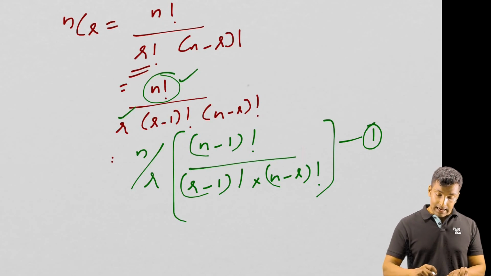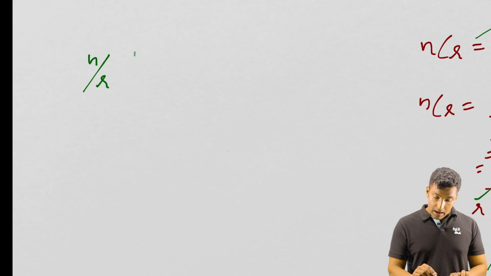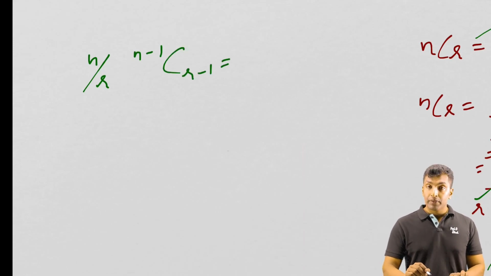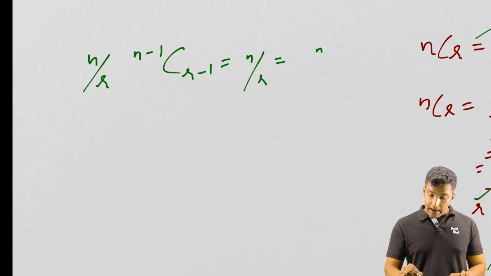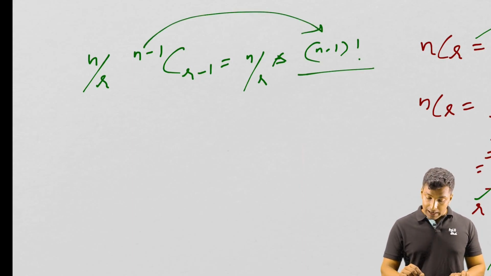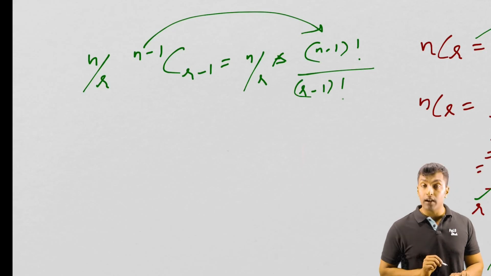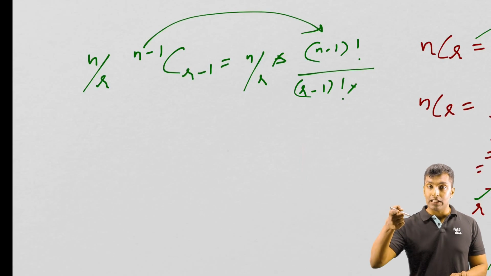Now let's take the right hand side. What is the right hand side? n by r into (n minus 1)C(r minus 1). Let's apply the nCr formula here: n by r into (n minus 1) factorial divided by (r minus 1) factorial into (n minus 1 minus r minus 1) factorial.